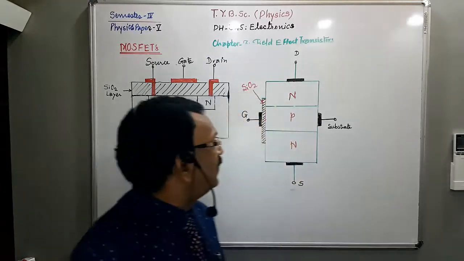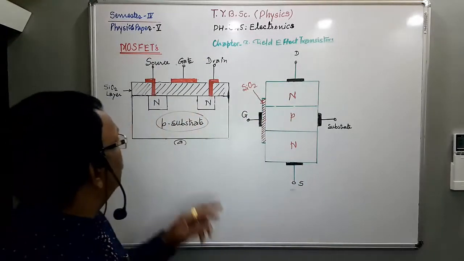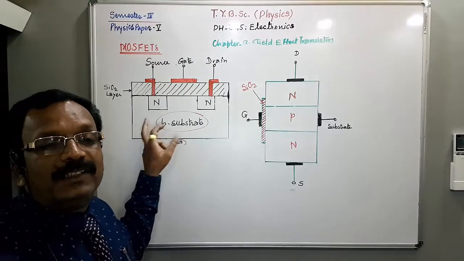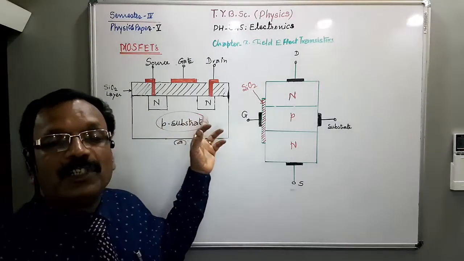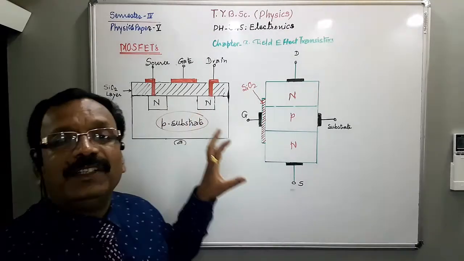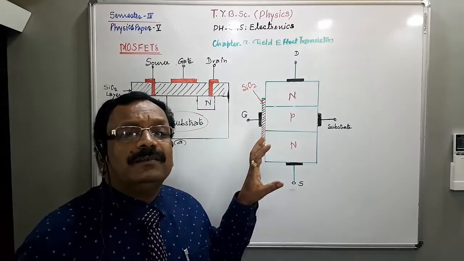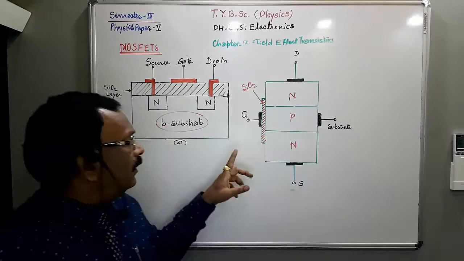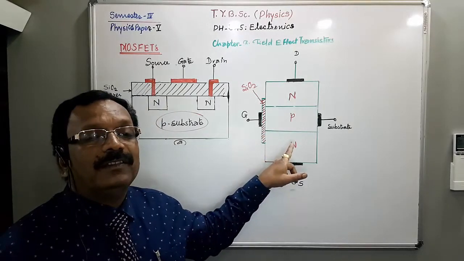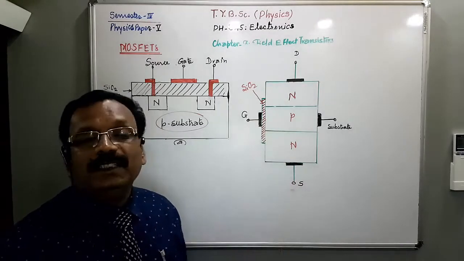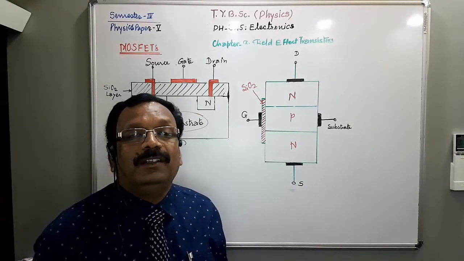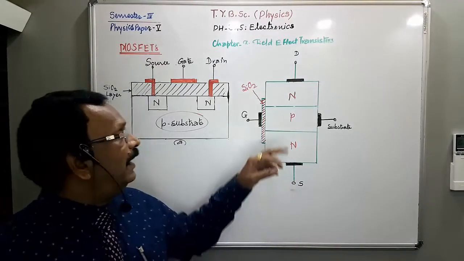Now see here, the construction is given in this figure. The construction of the n channel enhancement MOSFET is illustrated by this figure. The basic structure of the enhancement type n channel MOSFET is shown here.